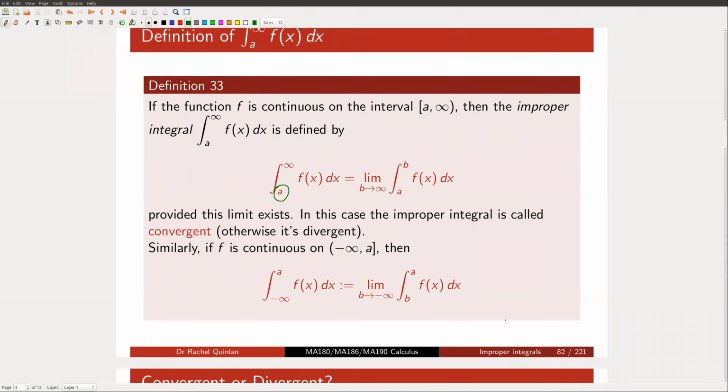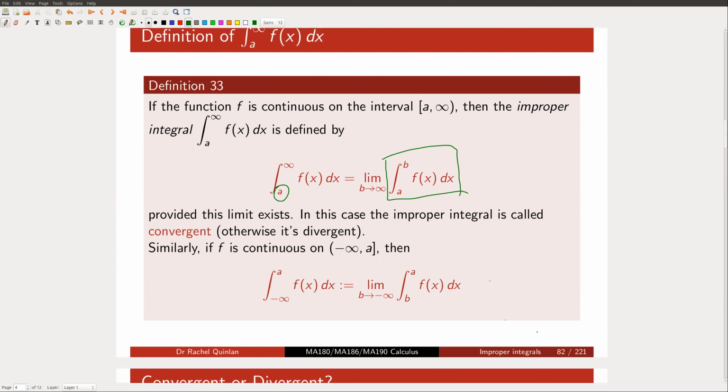We can't really calculate the integral from a to infinity of f of x, but for some point b to the right, we can, in principle, take the integral from a to b of f of x. That will be some expression involving b. And we can, in principle, or in practice, hopefully, take a limit of that as b goes to infinity. That's a practical approach that we can bring to this problem.